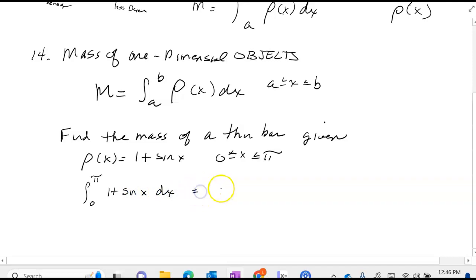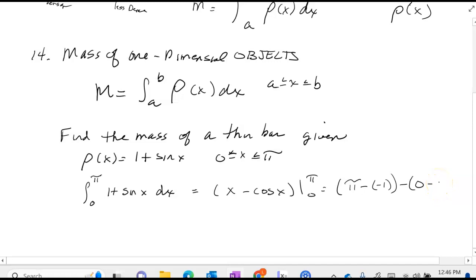And we can do that rather quickly. 1 goes to x, sine x becomes minus cosine x, from 0 to pi. So plug in pi, I get pi minus, what is the cosine of pi? If you think of your cosine curve, cosine of pi is -1, minus 0 minus, and what is cosine of 0?